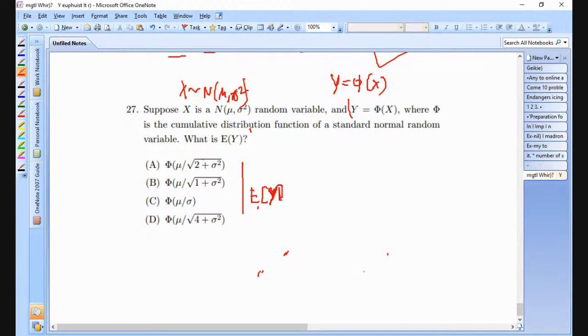Let's first transform it to a standard normal. So (X minus mu) by sigma is standard normal, so Y is equal to phi of (sigma Z plus mu).